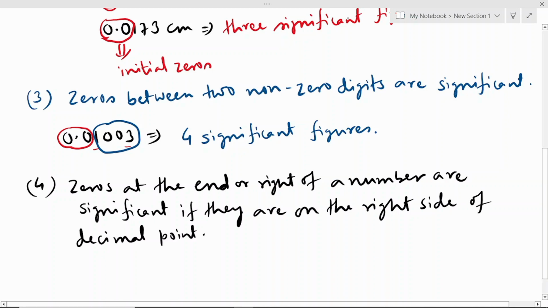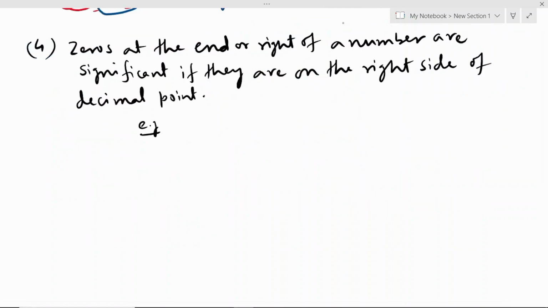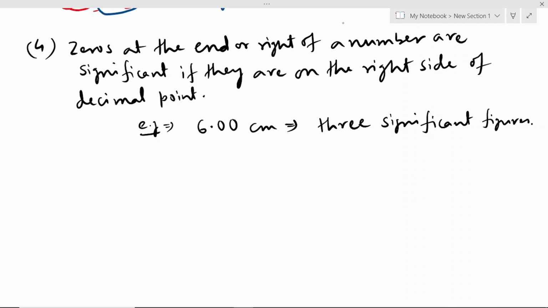For example, this has three significant figures. As these two zeros are followed by a decimal point, all three digits are significant.